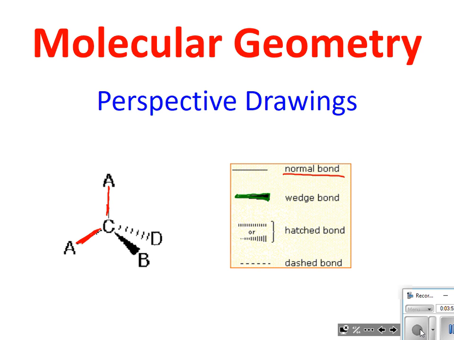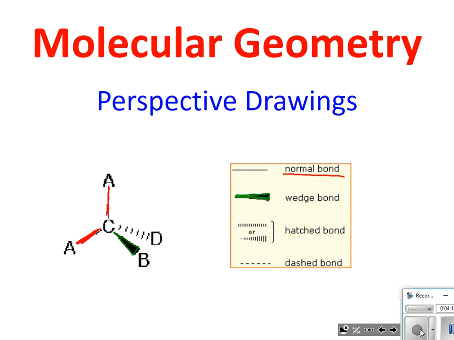Let me get those off of here. This wedge bond right here. What we are trying to do here is signify something that is 3-dimensional on a 2-dimensional piece of paper, which is not easy to do.